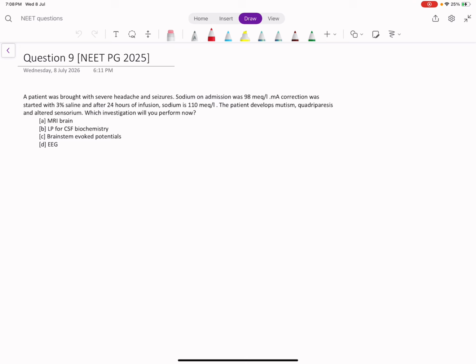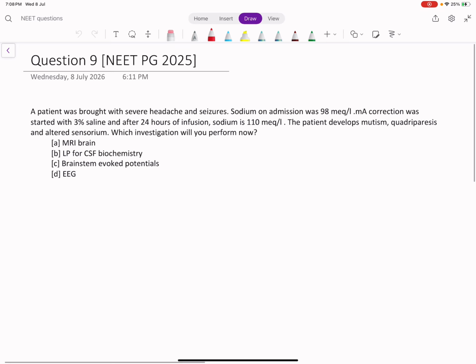Coming to question 9 of the previous year NEET question series. We'll read from the last line. Which investigation will you perform now? So we had to find out the diagnosis from the first 3 lines, and then tell what the investigation is. Maybe it's the next investigation. They didn't mention investigation of choice, so we'll keep that in mind.